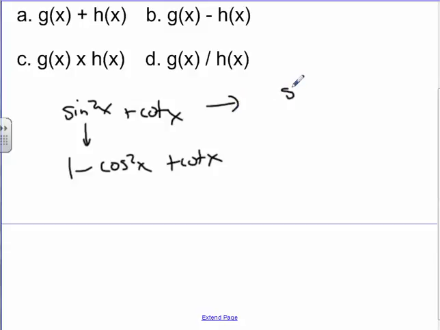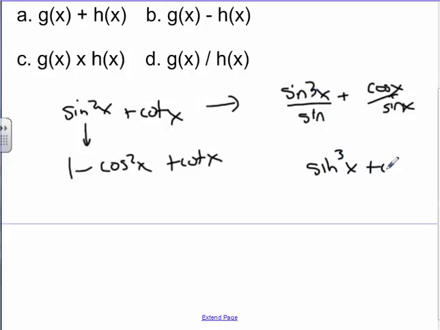Or alternatively, you could do sine squared x plus cosine over sine. Then you could add an extra sine, cube that, and make it sine cubed x plus cosine all over sine.